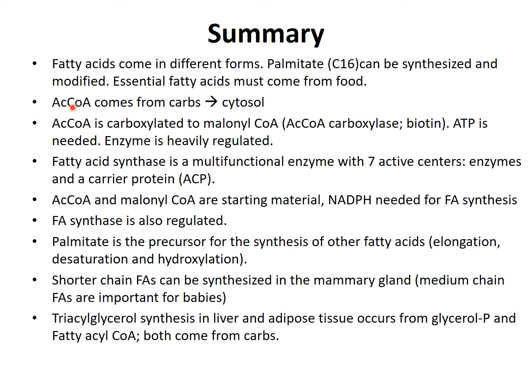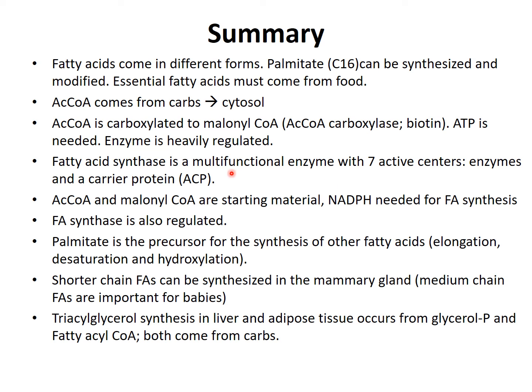So the starting material, acetyl coenzyme A, comes from carbs. Glycolysis in the cytosol. Pyruvate goes in. Acetyl coenzyme A is produced in the mitochondria and comes out to the cytosol, where it is carboxylated and activated to malonyl coenzyme A. Please remember the enzyme and its regulation.